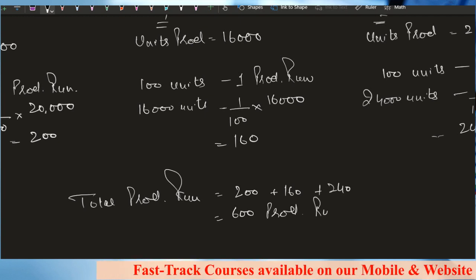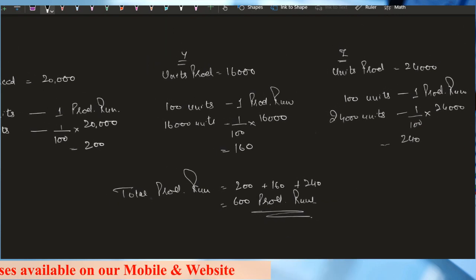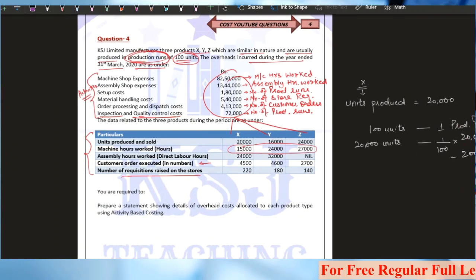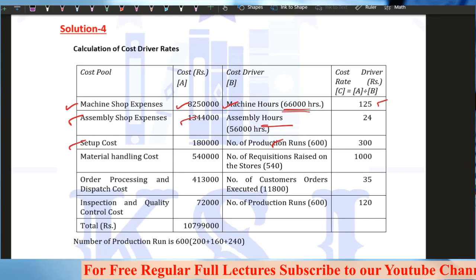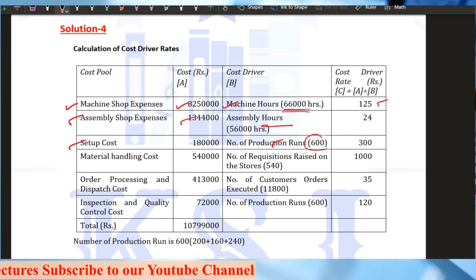production runs. Any doubt in this point? Any doubts in this? Right? X, Y and Z. Clear? Clear, sir? Right. So, my number of production run is 600.